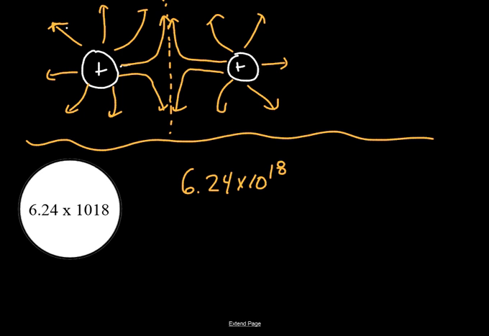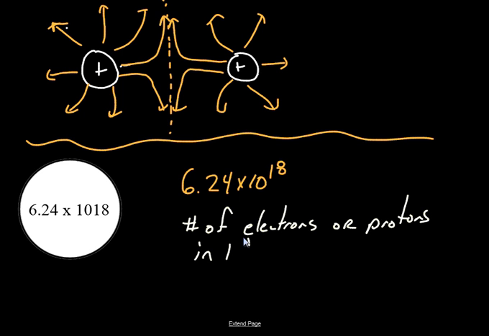Well, it is the number of electrons or protons in 1 coulomb of charge. So basically this is an amount of charge, equivalent to the amount of charge on 6.24 times 10 to the 18 electrons or protons.